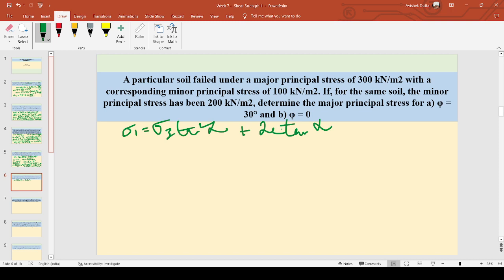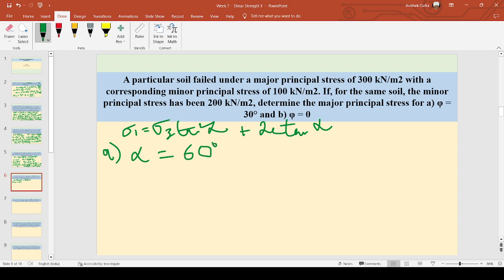Now, for the first case, case A, when phi equals 30, alpha will be equal to 45 plus phi by 2, 45 plus 15, which equals 60 degree. Alpha will be equal to 60 degree.